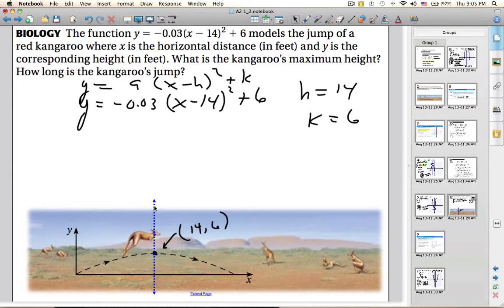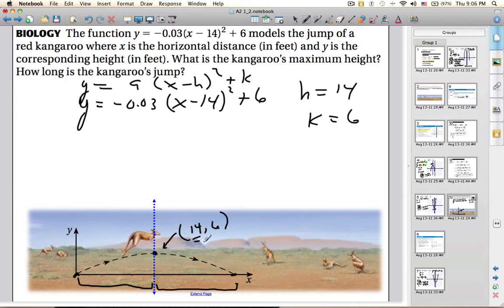What I know is that the point where the kangaroo starts and the point where the kangaroo finishes both have to be the same distance from the axis of symmetry because they have the same y value.